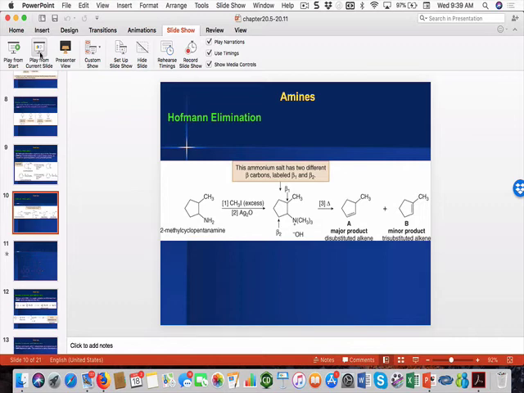I'm just going to show the lone electrons. Now what happens? This is the propagation step, right?